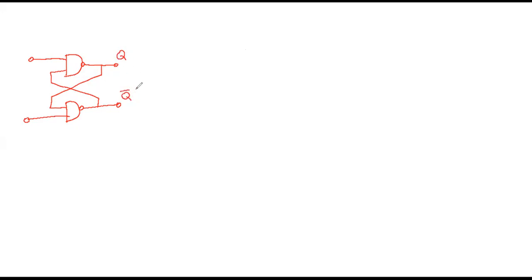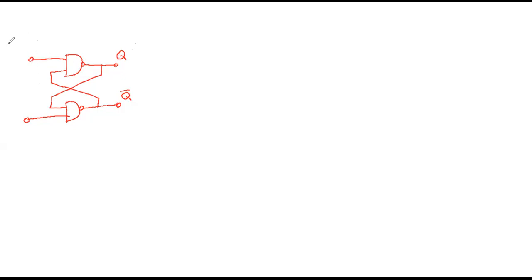This is Q and this is Q bar. In my last class, I discussed a lot regarding this Q and Q bar. What I said, both cannot be equal. Can you remember? Yes, sir. If this is 1, then this will be 0, or if this is 1, this will be 0. Okay, fine.